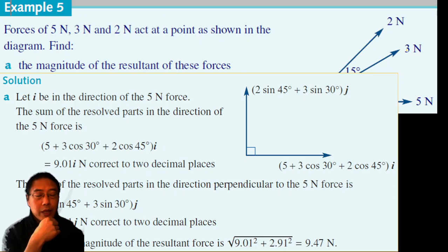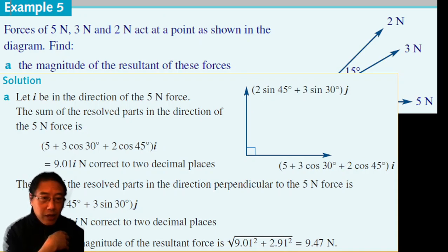2 and 3 will be the magnitude, also the hypotenuse of those respective right angle triangles. So see how I have 2 cos of 45 degrees. The y component will be 2 sine of 45 degrees. So that's the slight difference. You just use cos for the horizontal and sine for the vertical.